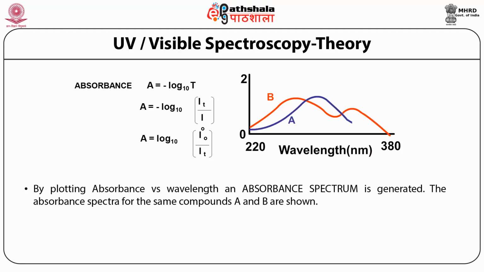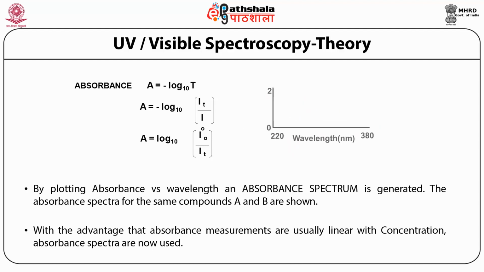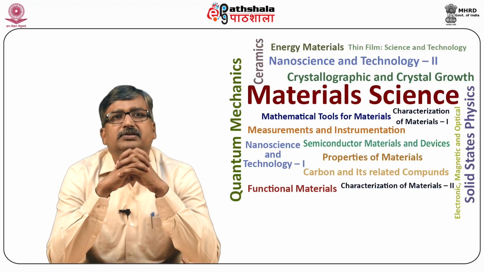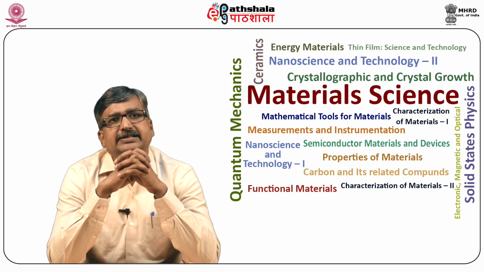The absorbance spectra for the same compounds A and B are shown, with the advantage that absorbance measurements are usually linear with concentration. Absorbance spectra are now used. Law of spectrophotometry. The greater the number of molecules that absorb light at a given wavelength, the greater the extent of light absorption, and the higher the peak intensity in the absorption spectrum.